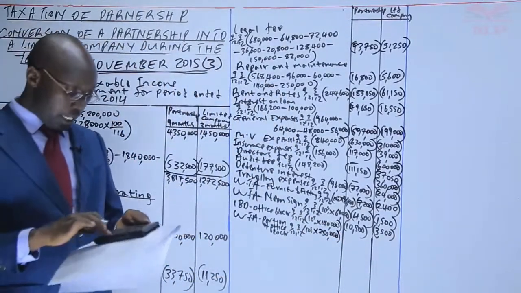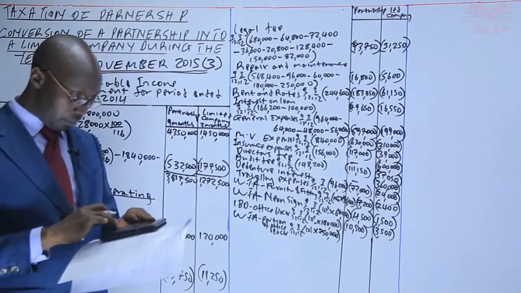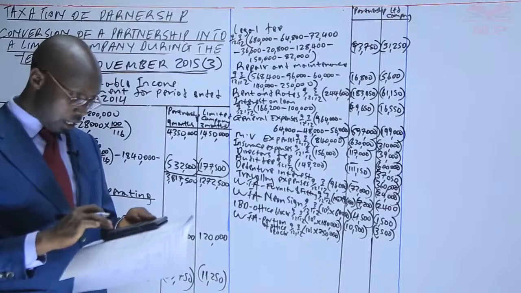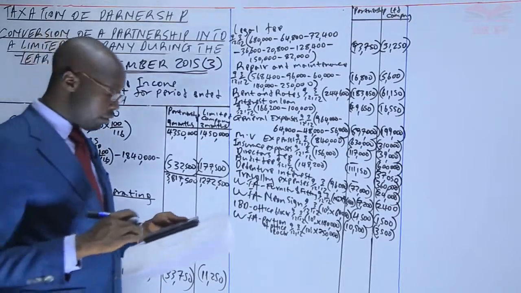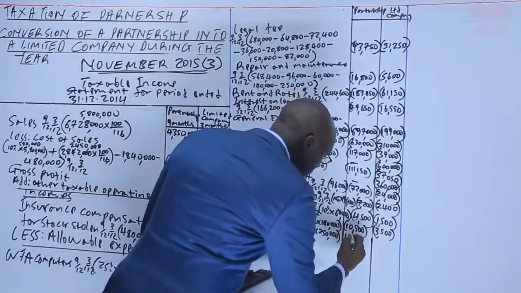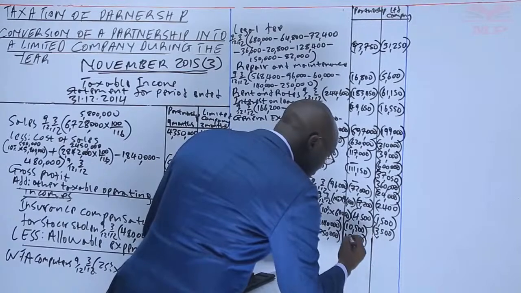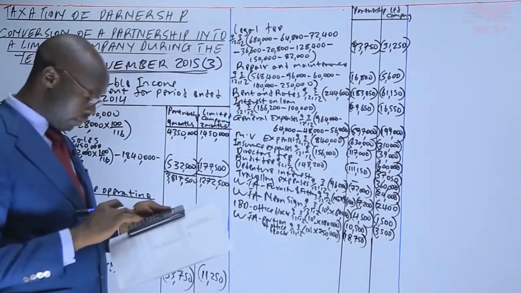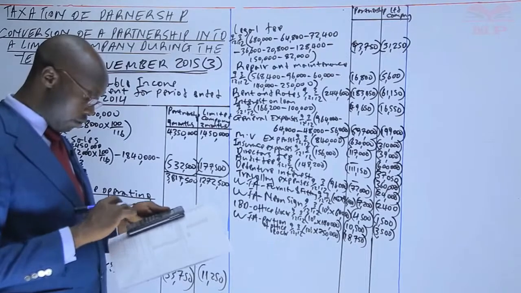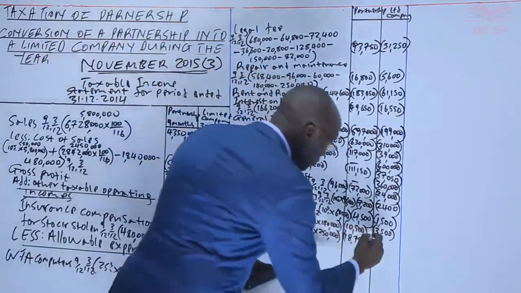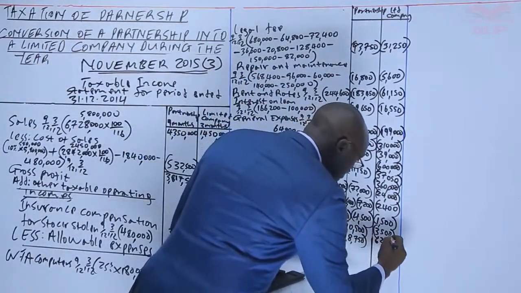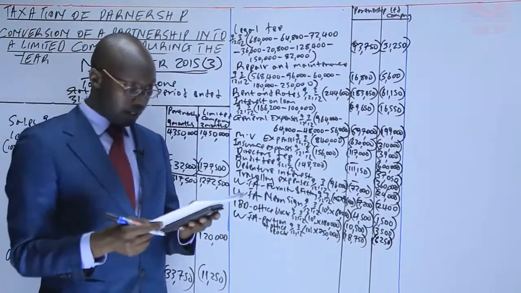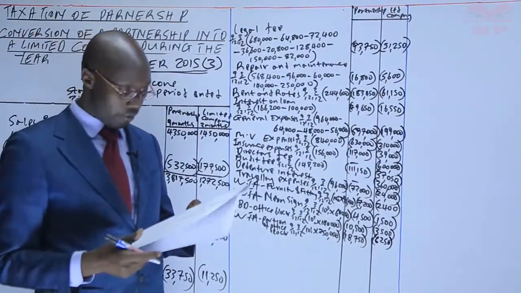So we take 10% of 250. That will be 25,000 times 9 divided by 12, gives you 18,750. The other one will be 25,000 times 3 divided by 12, 6,250. There. And there is no other fixed asset in point 5.